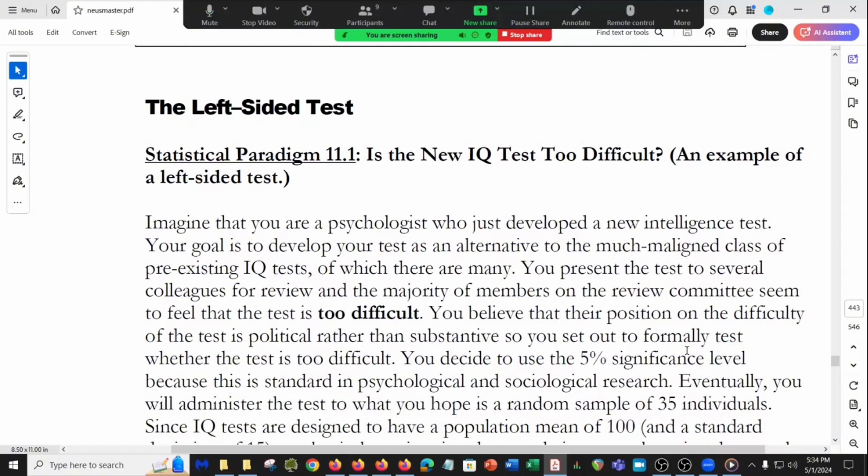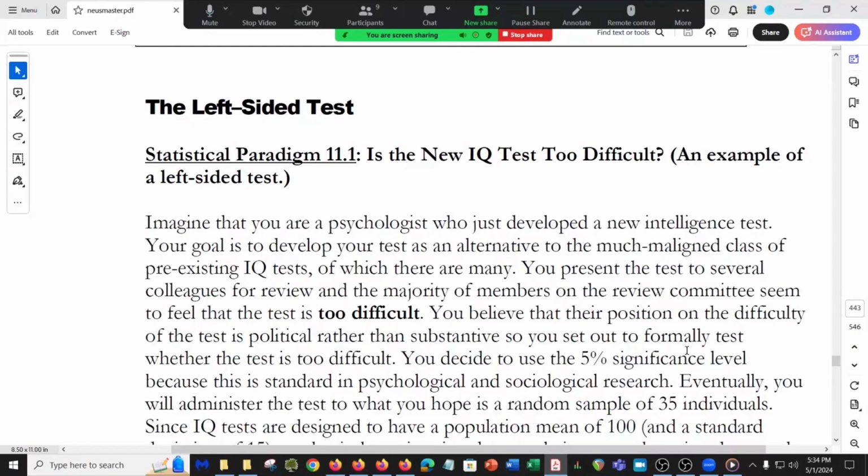You present the test to several colleagues for review, and the majority of members on the review committee seem to feel that the test is too difficult. You believe that their position on the difficulty of the test is political rather than substantive, so you set out to formally test whether the test is too difficult.